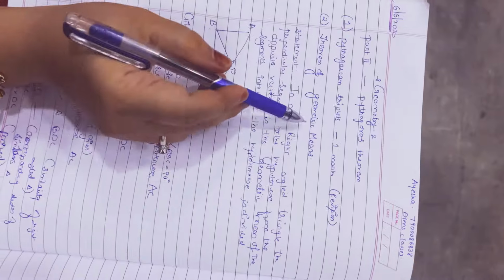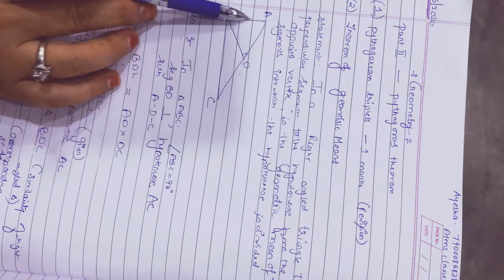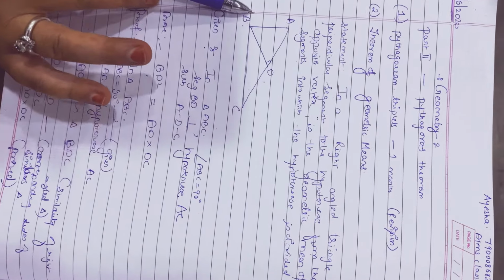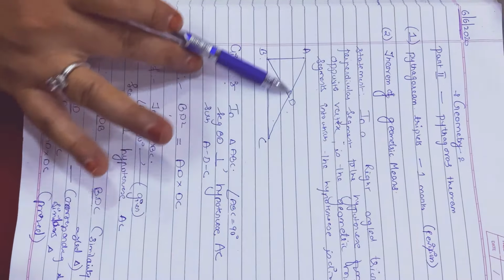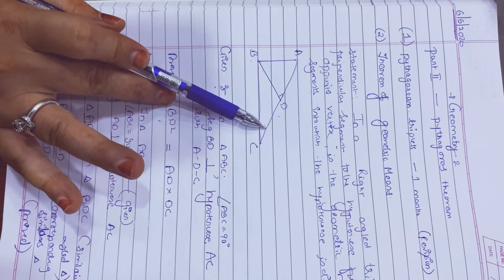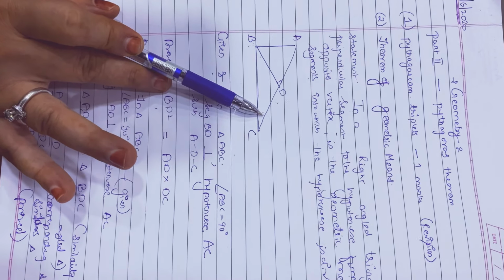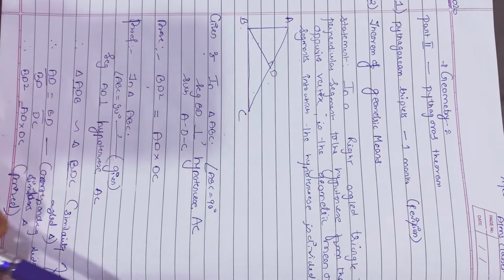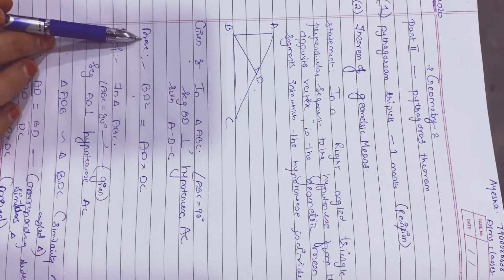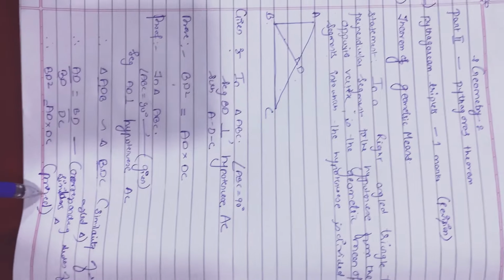Once again, theorem of geometric means: in a right angle triangle, the perpendicular segment to the hypotenuse from the opposite vertex is the geometric mean of the segments into which it is divided. Given, prove, and we have proved.